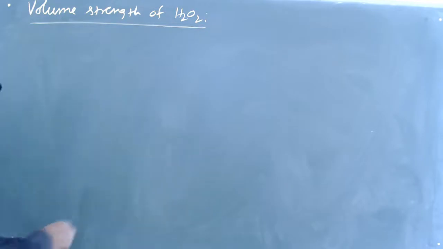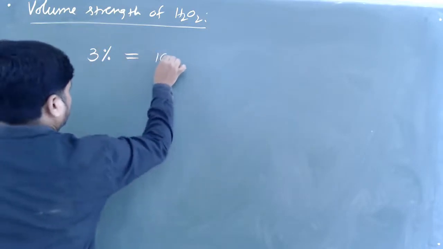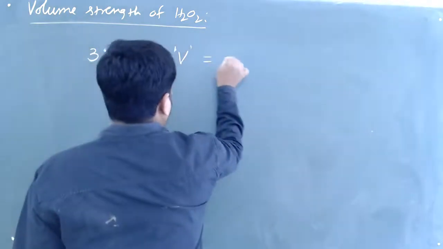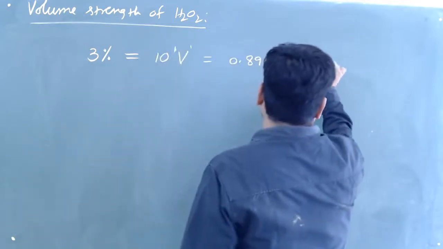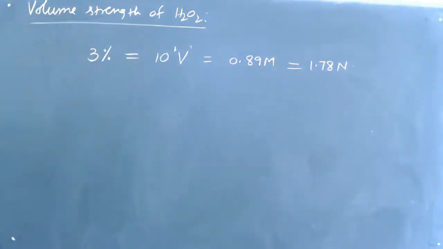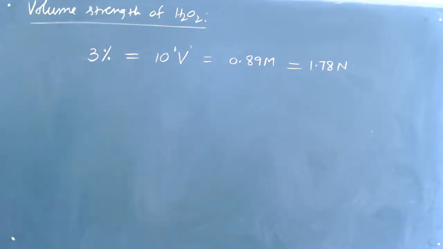You can use 3% hydrogen peroxide is equal to 10 volume strength. Now this 10 volume strength is equal to 0.89 molar, which is equal to 1.78 normal. And in gram per ml, 91 grams of hydrogen peroxide is present in 30%, so 9.1 gram is present in case of 3%. That is not required.